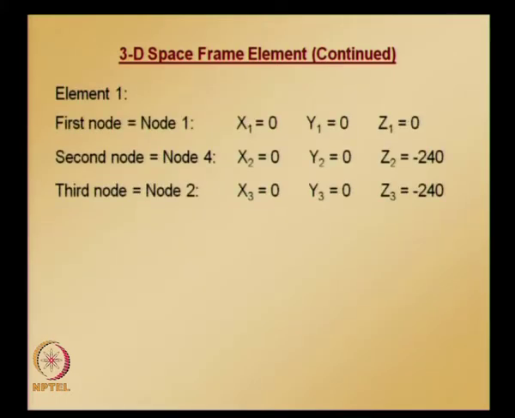So, we will start with element 1, node 1 coordinate values, node 2 coordinate values, and we identify what is the third node for element 1, that is node 2, the values of coordinates are given.